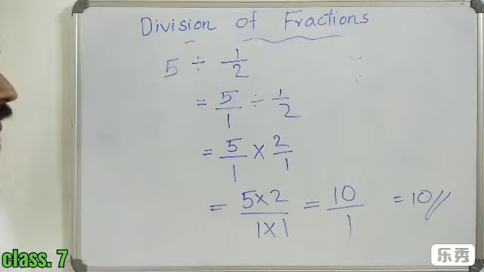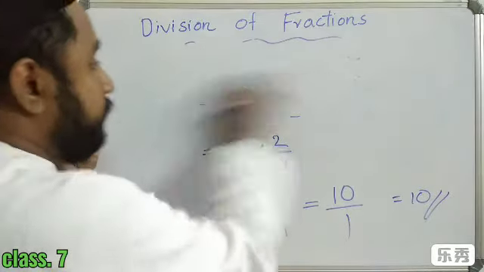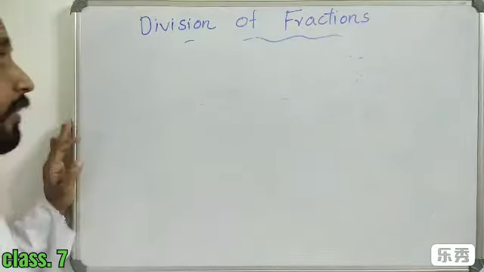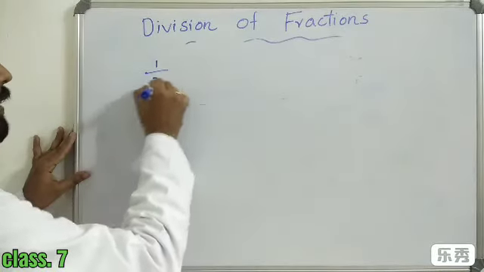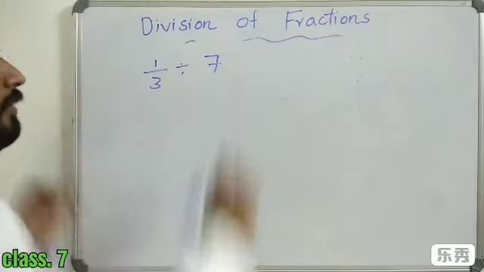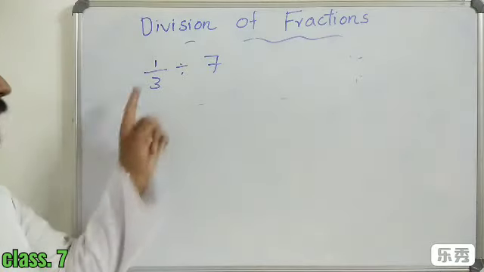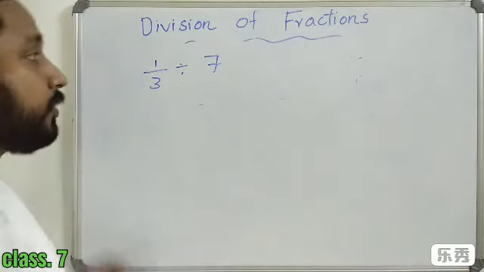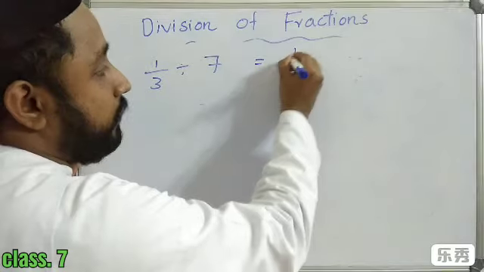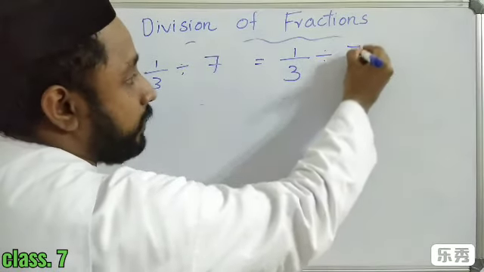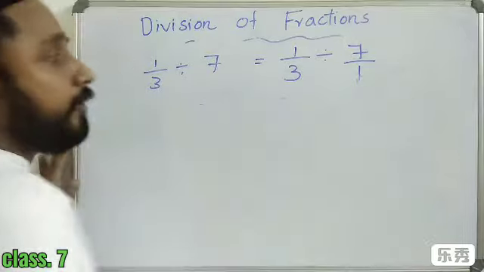Another question. 1 by 3 divided by 7. We have to divide 1 by 3 by 7. The first step is 1 by 3 divided by, instead of 7 I write 7 by 1.